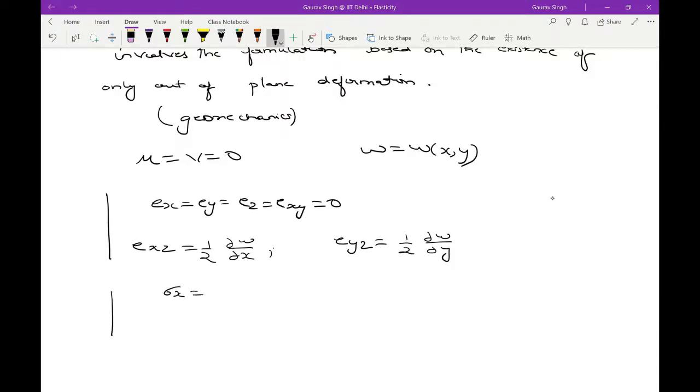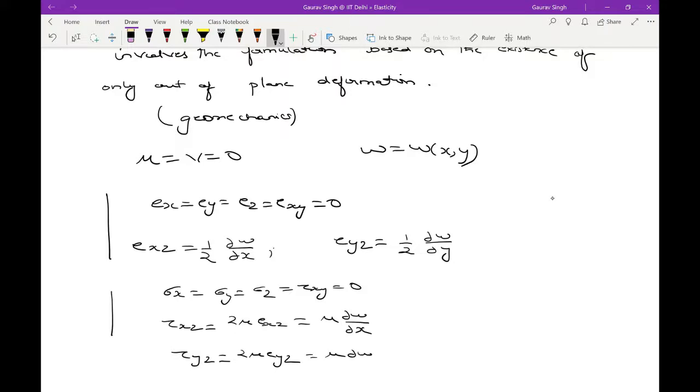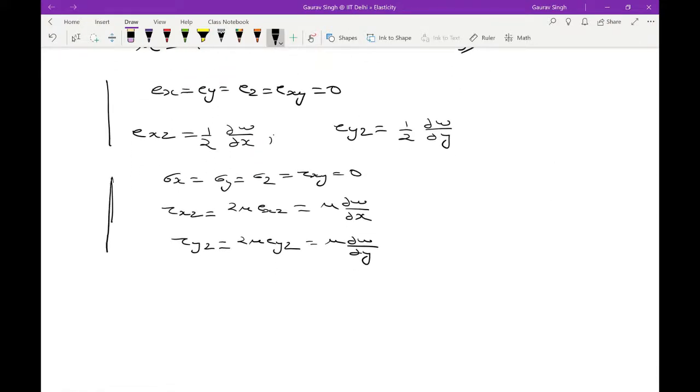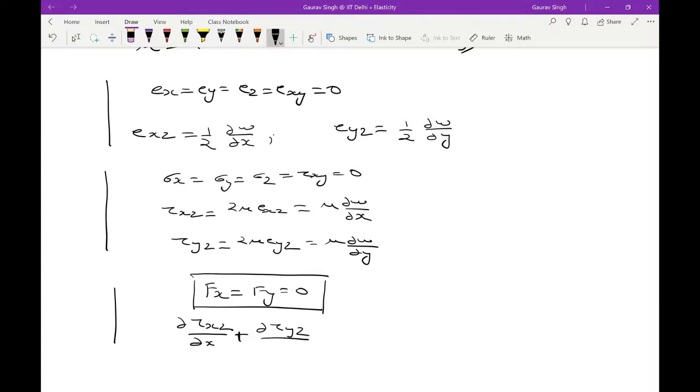Then the stresses would be... Now the equilibrium equations, again the body forces, if they are there, the equilibrium equation would only mean that the body forces in the x and y direction are 0, body force density is 0.